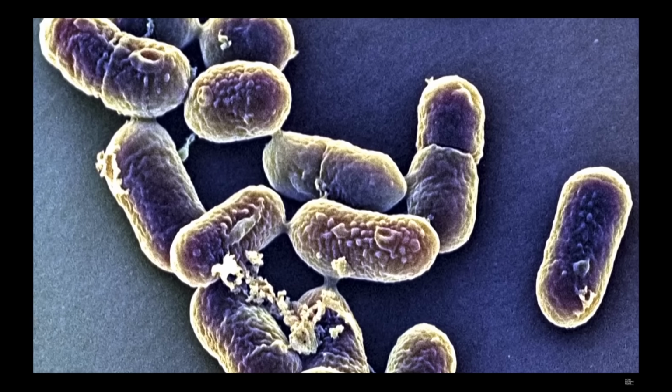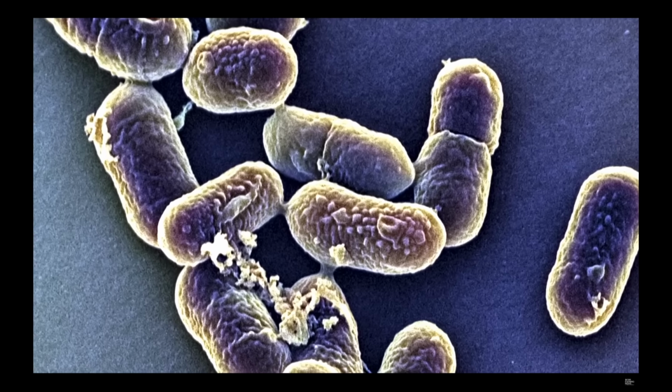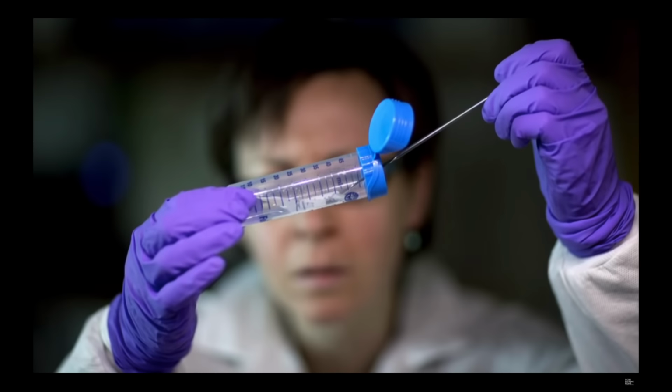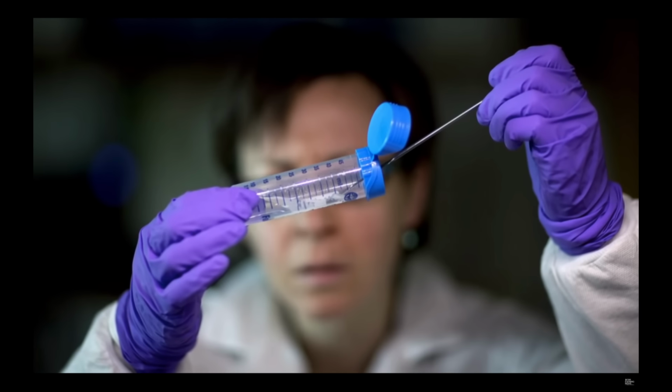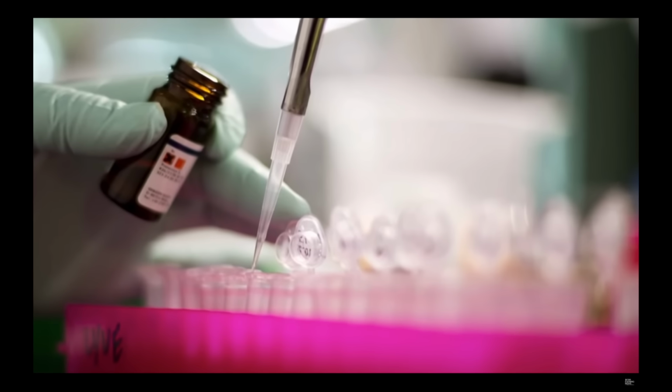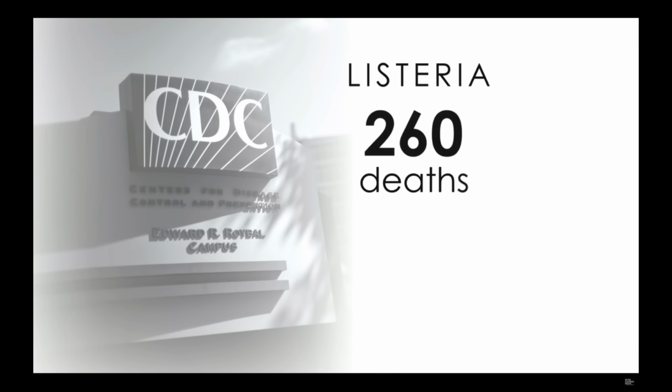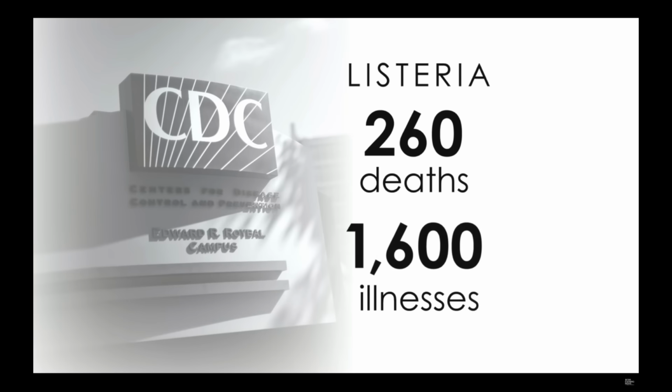Listeria symptoms include fever, muscle aches, diarrhea, and vomiting. Kansas Department of Health spokesperson Sarah Belfry warns there could be more cases. Symptoms can appear 3 to 70 days after consuming this bacteria, and we continue to monitor the situation. Listeria kills an average 260 people a year in the U.S. and sickens 1,600 according to the CDC.